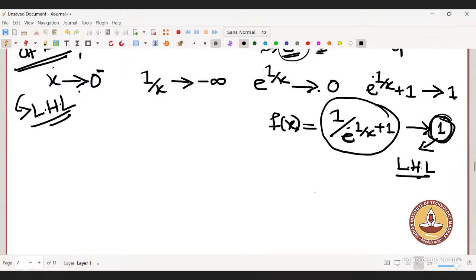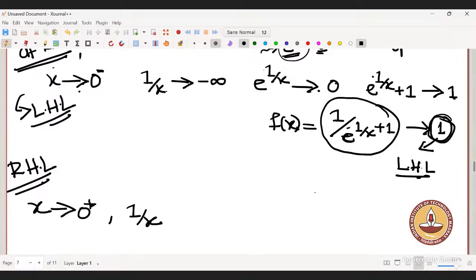The next thing is the right hand limit. Now, when x is going to 0 positive, where will 1 by x be?